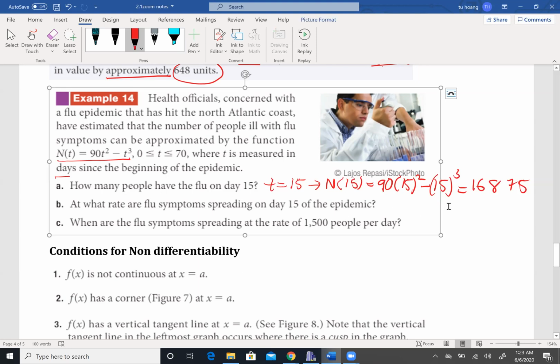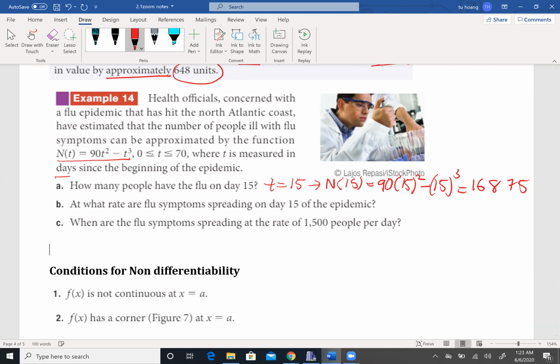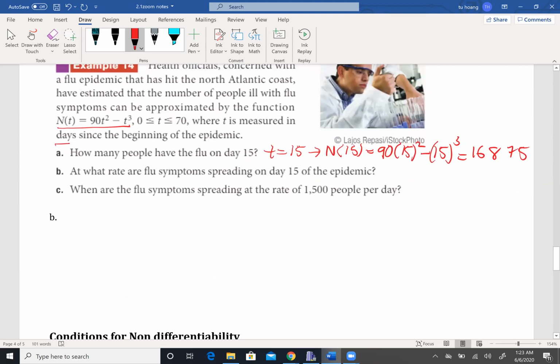So I'm going to put down B here and say I have to find the derivative of N(t) for t equal to 15. I'm going to find the derivative of N(t) first.